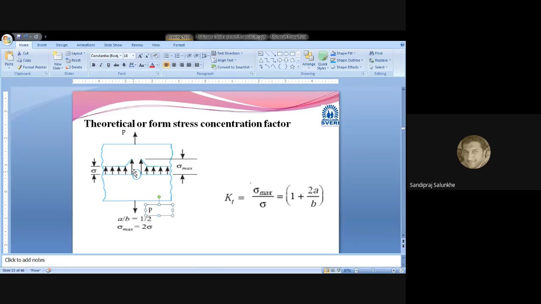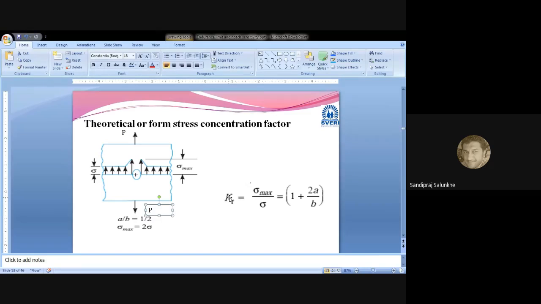Definitely, when the stress is generated in this plate, the stress near the hole will have a different value than all other stresses generated in the plate. So this stress generated near the hole will be the maximum value of stress because of the stress concentration, and the rest will be the normal stress. Here sigma max is the maximum stress and sigma is the normal stress.